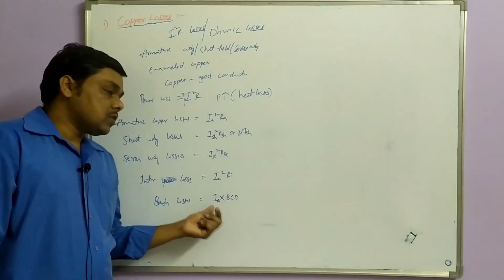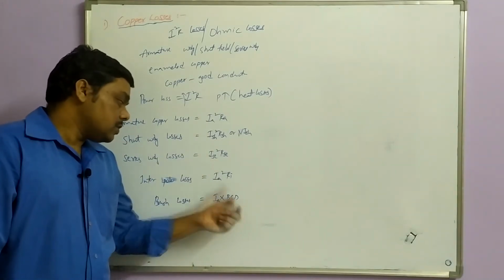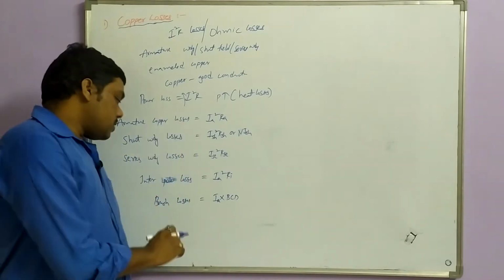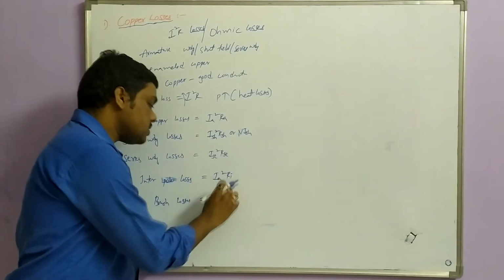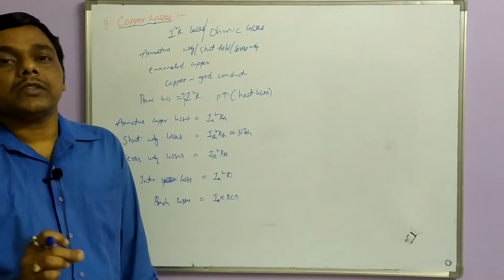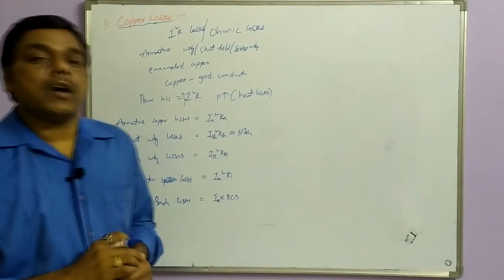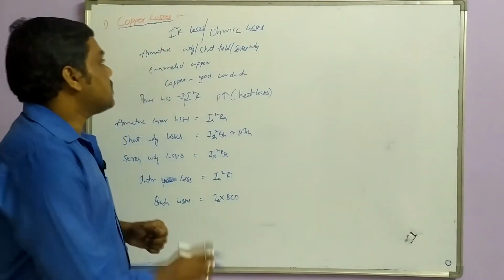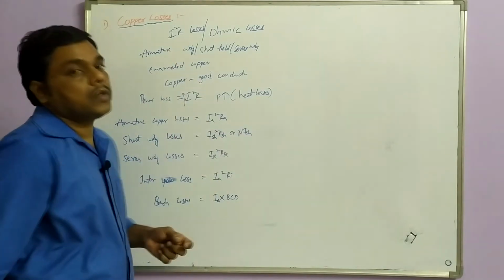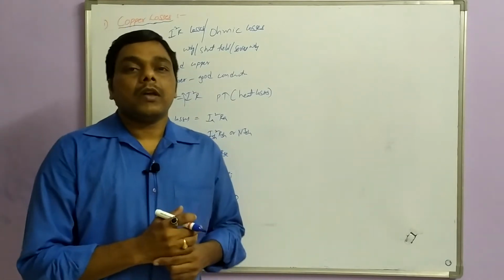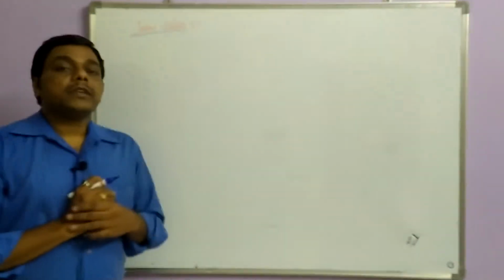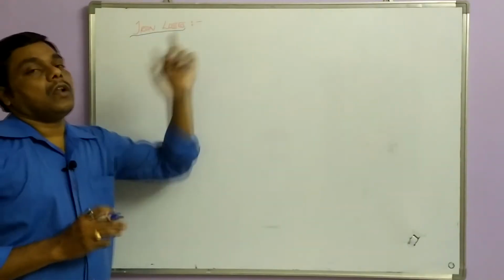The current flowing through the winding is Ia, the armature current, and the brush contact drop is also considered, since they are carbon brushes. So these are the major copper losses and their formulas, so that we can calculate the copper losses by using these formulas.